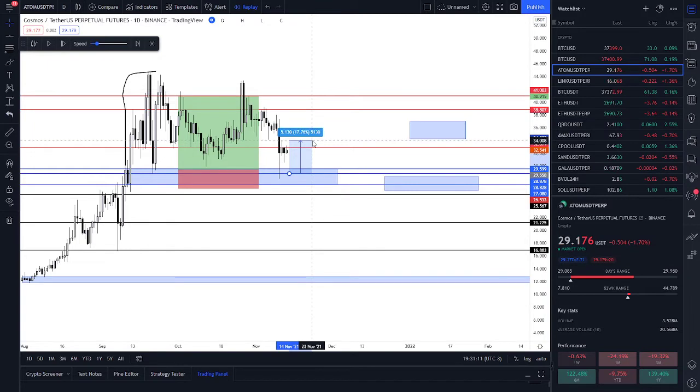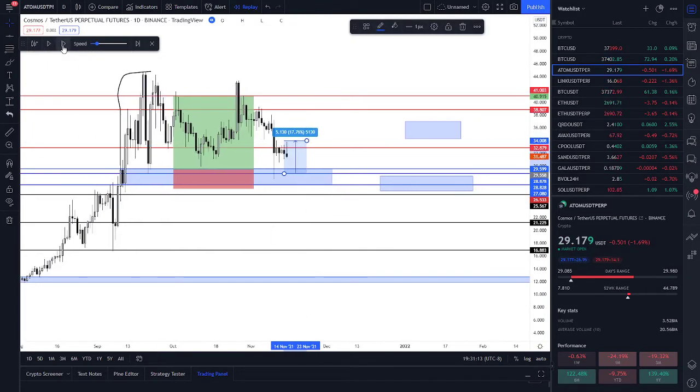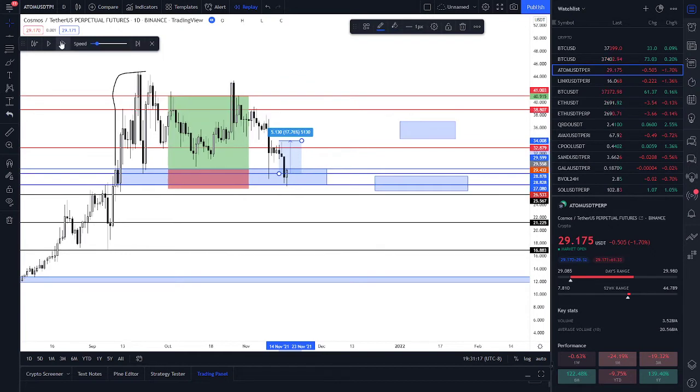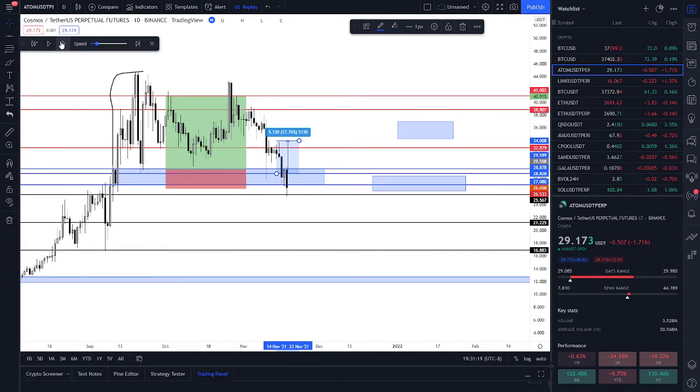This move, let's see if I keep going. This move gave you a 17% move unleveraged, right, in the second tap. However, once 50% has been filled, this is no longer valid.